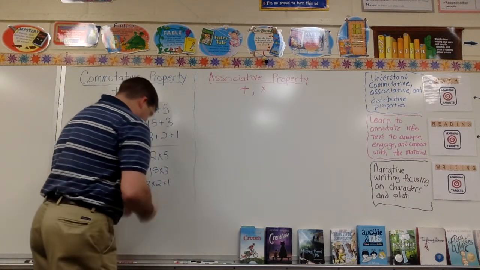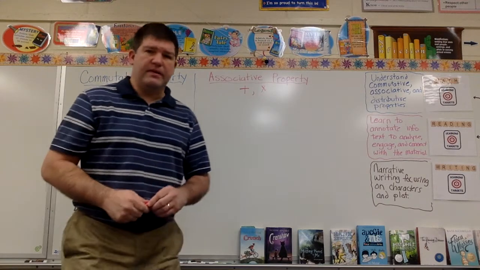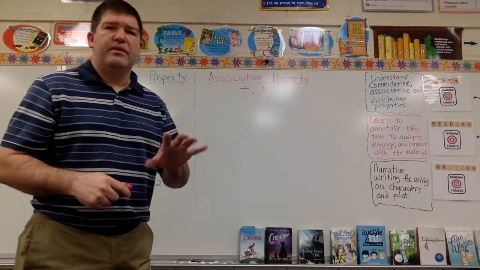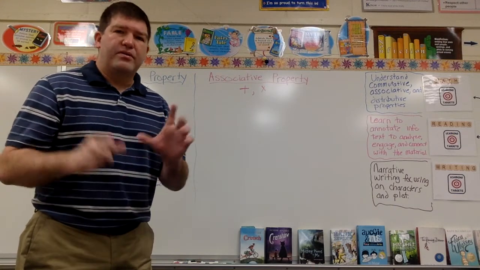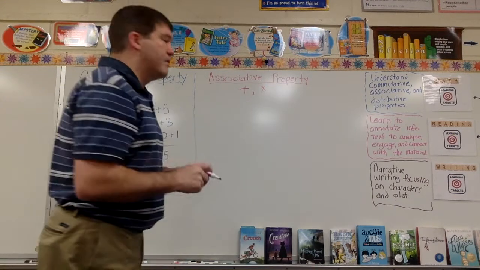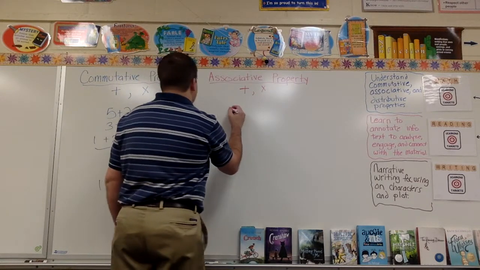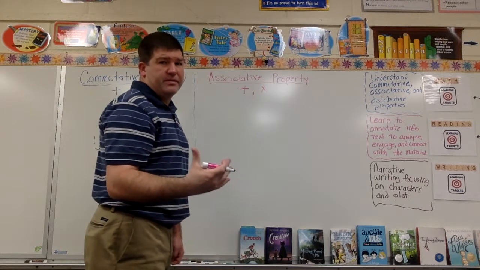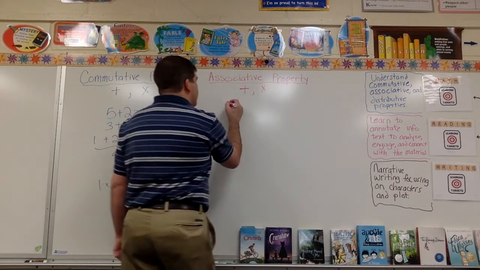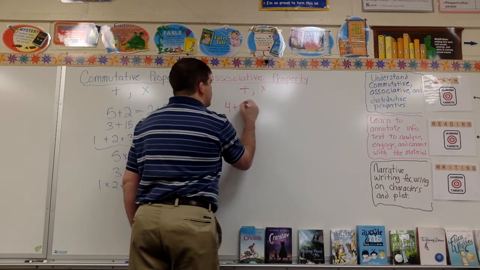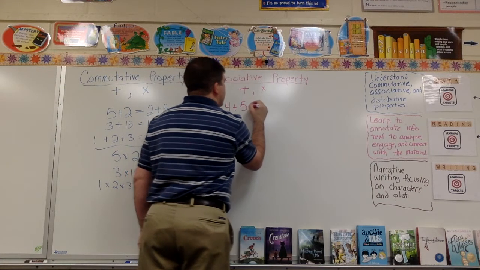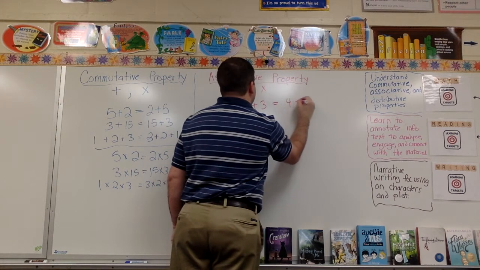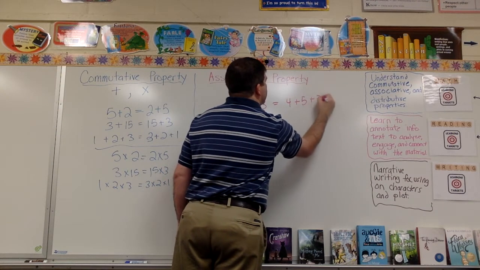Now, that's commutative. Let's move to associative. Associative is groupings, so it's same order, same numbers, but you're grouping them in different ways. And it has to be 3 or more terms. So like 4 plus 5 plus 3 equals 4 plus 5 plus 3.